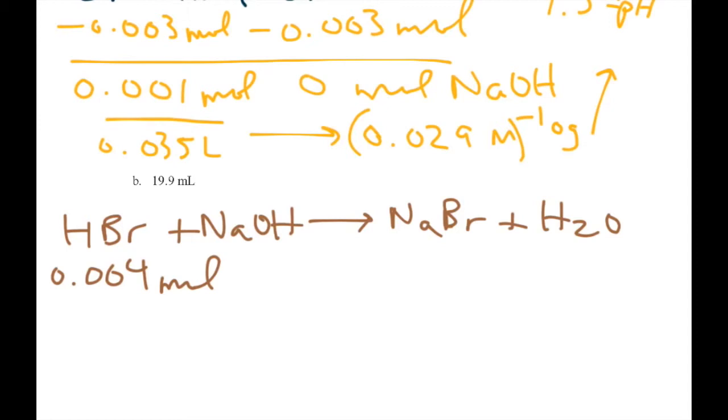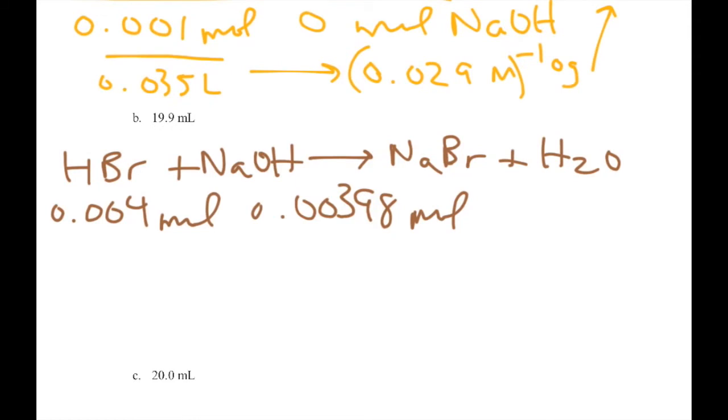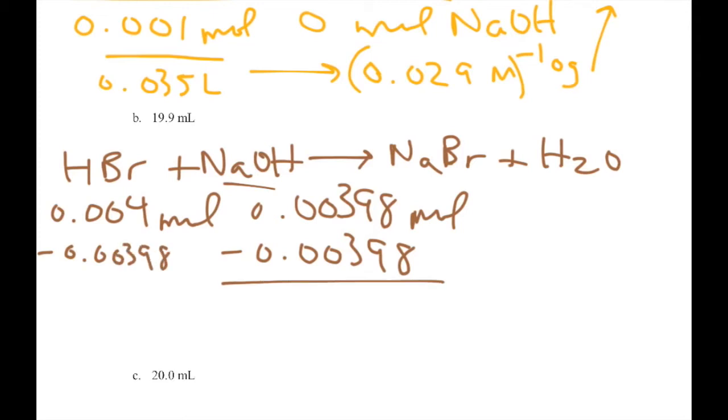So we're actually going to have 0.00398 moles. So now our limiting reactant is, again, the NaOH. So we use all of it up. So 0.004 minus 0.00398 is 2 times 10 to the negative fifth moles.